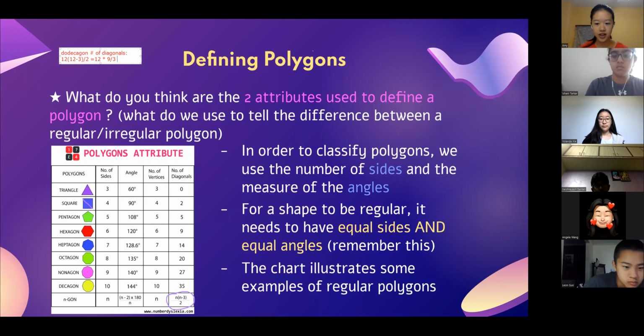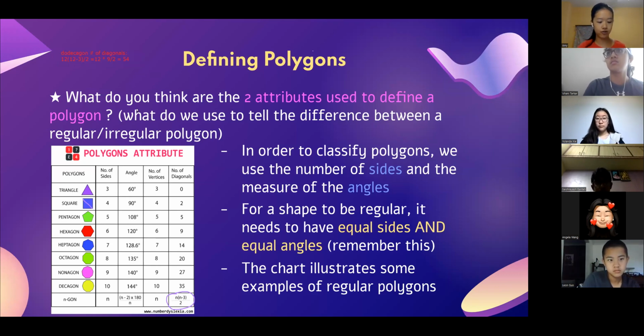For this one, you would again plug in 12 for n. So it'd be 12 times 12 minus 3, divided by 2, which is 12 times 9 divided by 2. That equals 54. So this tells us that a dodecagon has 54 diagonals, which is probably a good thing that we have this formula to tell us that, because otherwise it would be kind of difficult to count all of those diagonals.